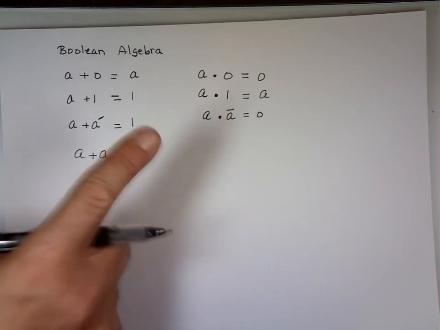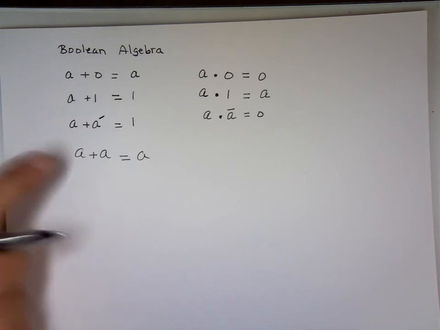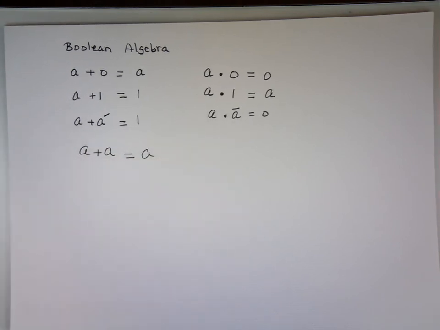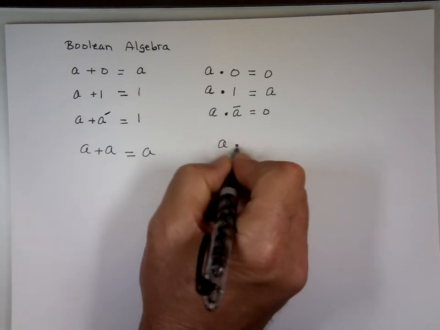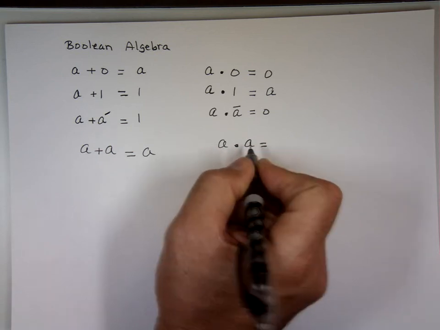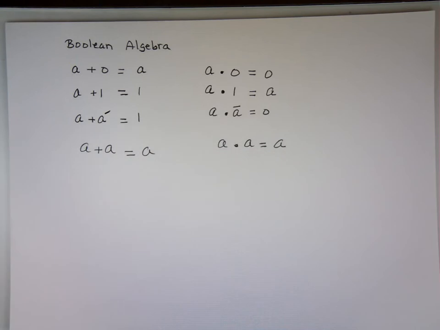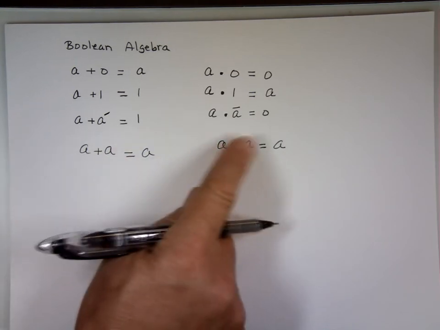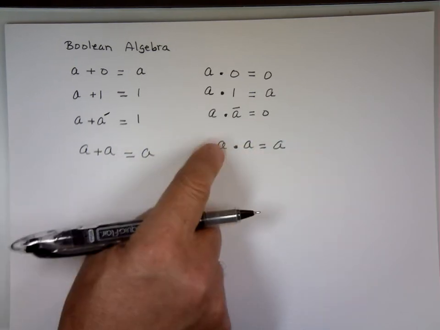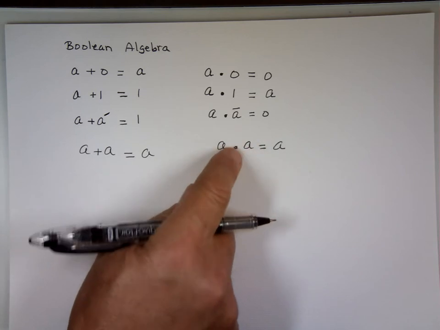If A is 1, what's 1 plus 1? 1. What's A and A? A. 1 and 1 is 1. 0 and 0 is 0.